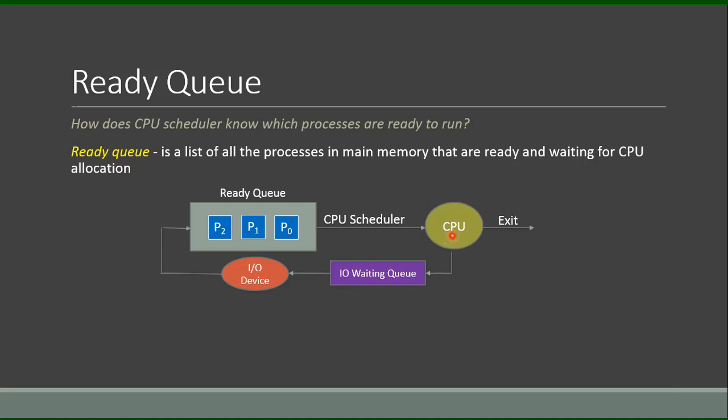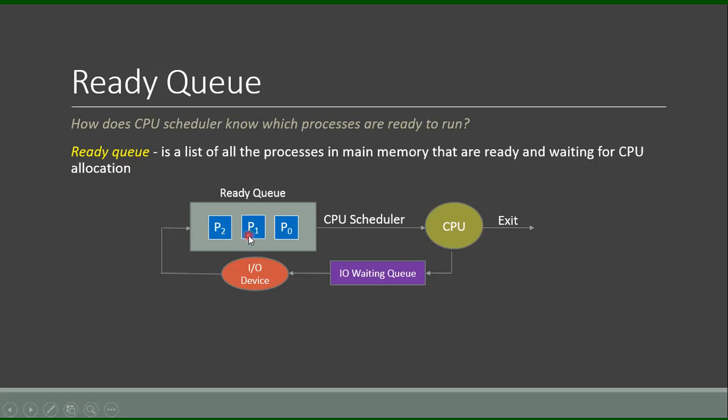So P0 will be removed from the CPU, and it will join this IO waiting queue. Now, meanwhile, when the process P0 is in this IO waiting queue, the CPU is idle. So the scheduler can select from the remaining processes P1 and P2.